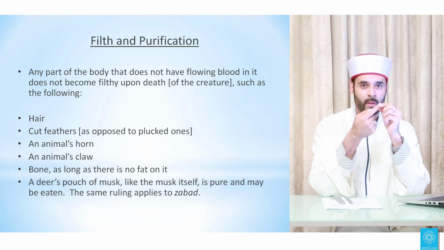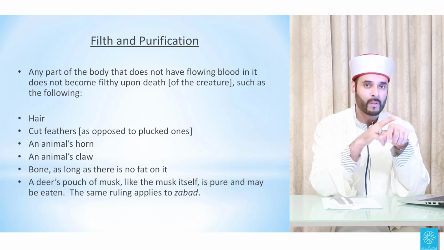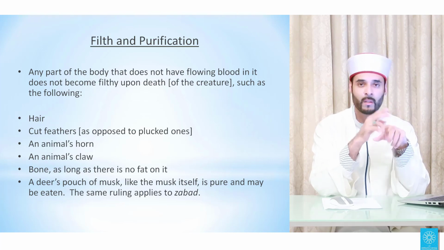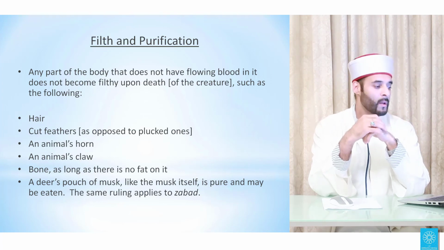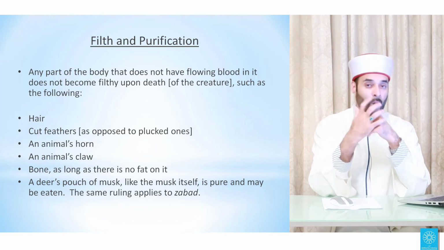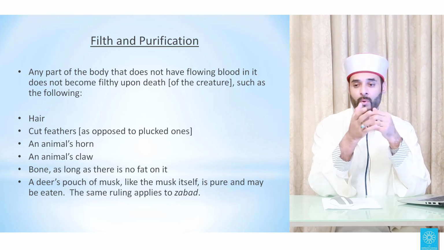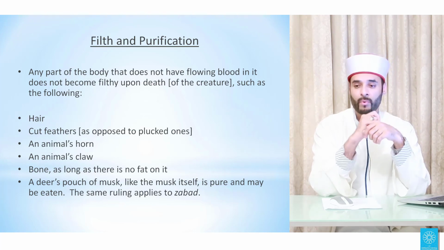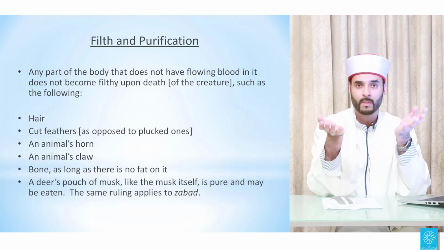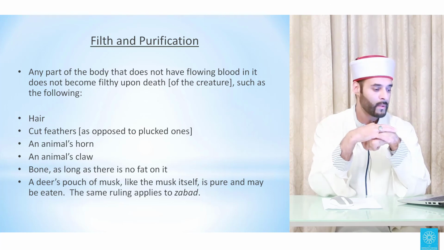That would be filthy. But if you were to cut the feathers from close to the skin, they would be pure. An animal's horn, the claws of an animal, bone, as long as there's no fat on them. So if you were to totally scrape off all the fat and the blood off a bone, it's a bone. That would be considered pure.